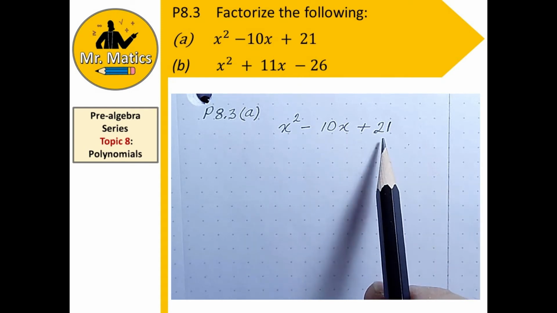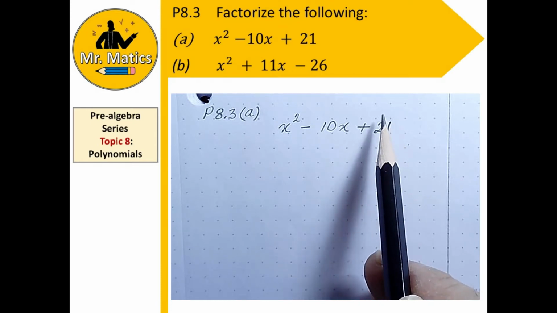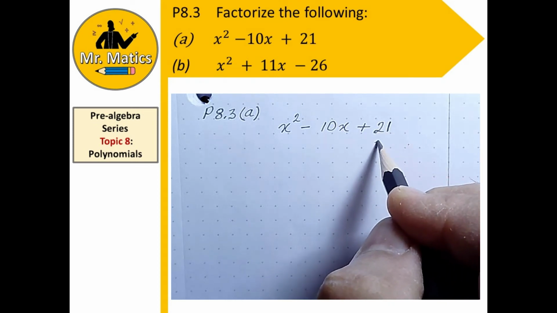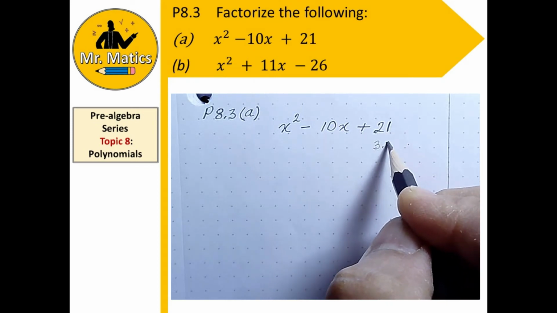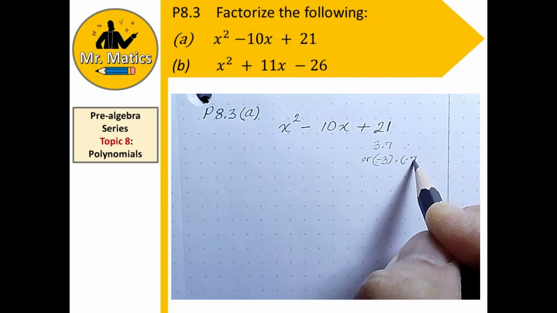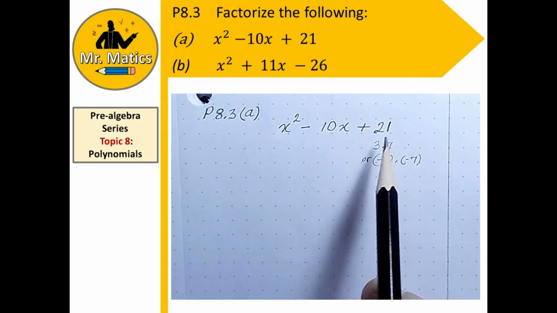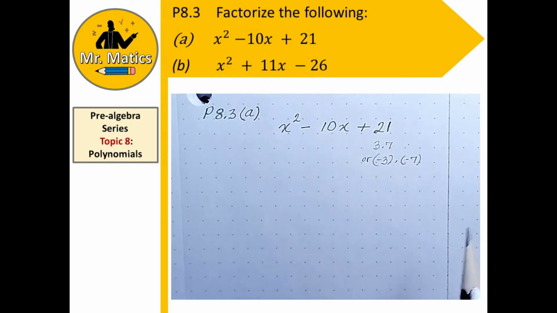And minus 3 and minus 7 multiplied, the negative sign will go away because it's multiplied twice. So you get 21. So we will use this 3 and 7, or minus 3 and minus 7, as factors to basically break this down.